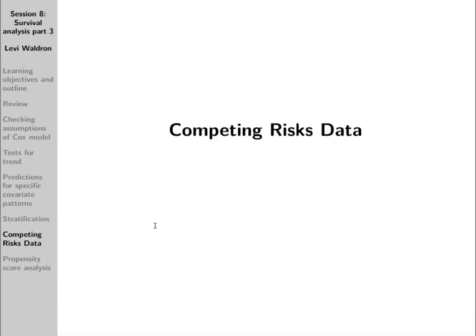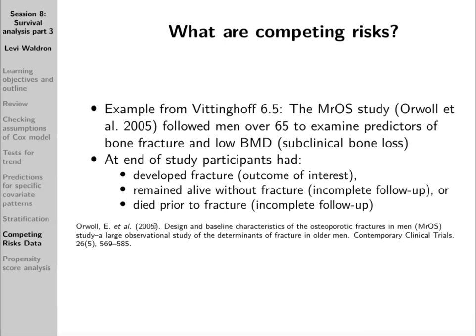All right, our final section, I just want to introduce competing risks data. I'm going to use an example that is discussed in your textbook, section 6.5, from this MROS study that followed men over 65 to examine predictors of bone fracture and low bone mass density, which is a subclinical stage of bone loss.